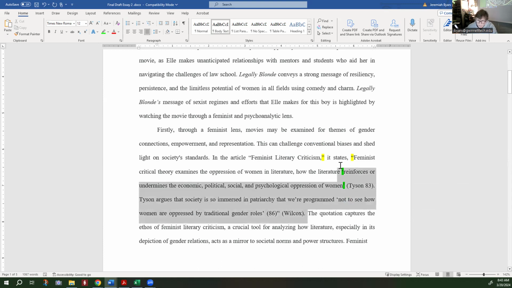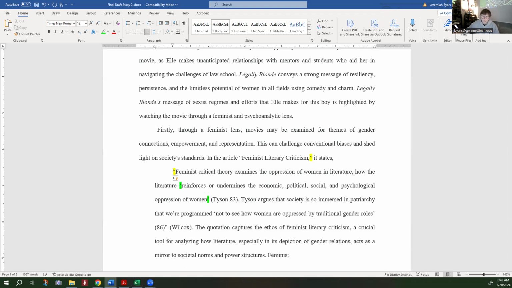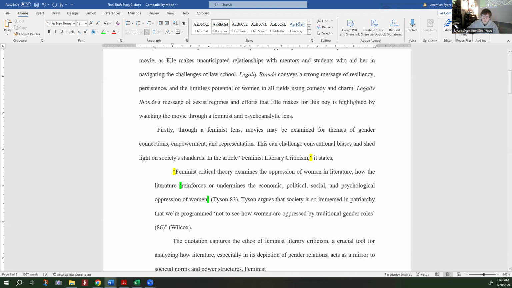For one, it's a four-line quote, right? If you were to use a four-line quote, which is too long really for this paper, you would have to do it like this. It's called a block quote.